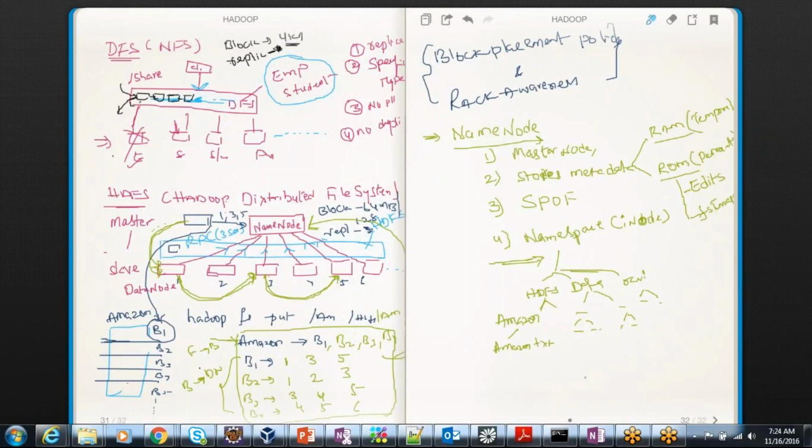What are the roles of the name node? What will happen when the name node restarts? Anyone?